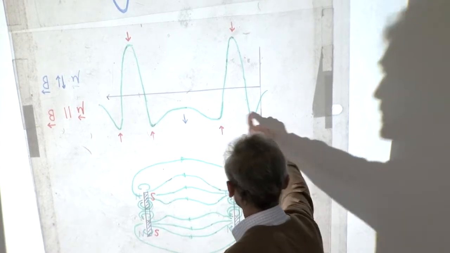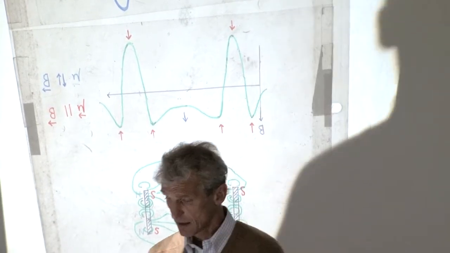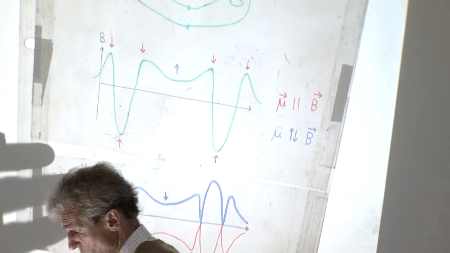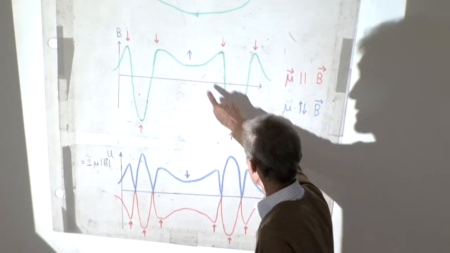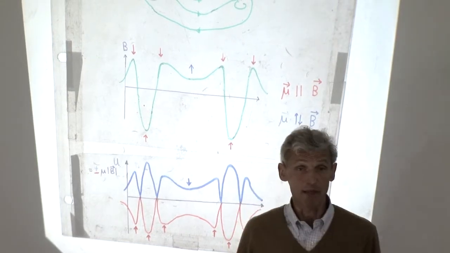Maybe I should have shown it like this. There are 1, 2, 3, 4 minima. And for the opposite configuration, there are 1, 2, 3 trapping minima.